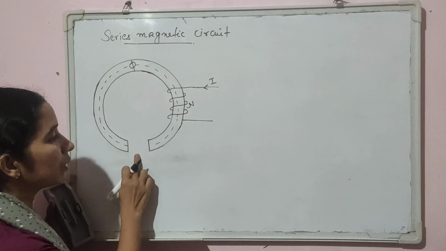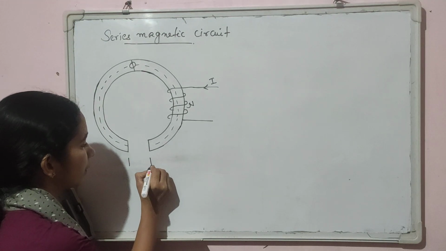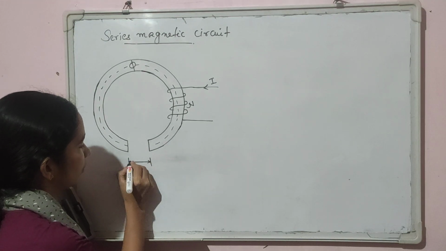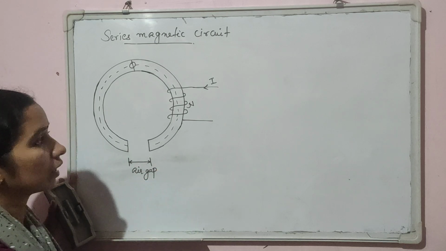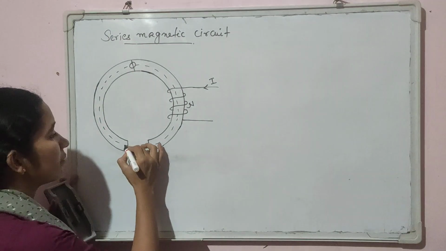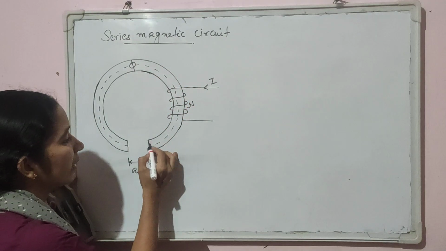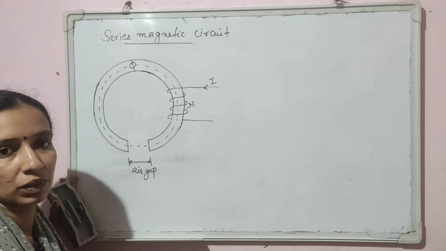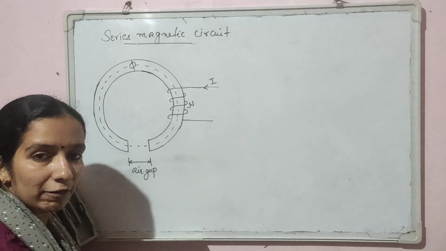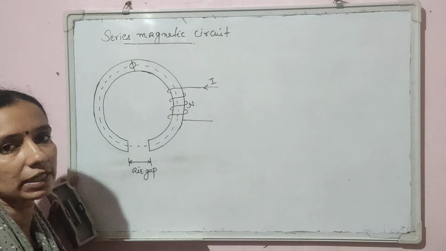That means an air gap is introduced in the ring. So this is the air gap. Now what will happen? Flux will travel through the iron path as well as the air path to complete the circuit.